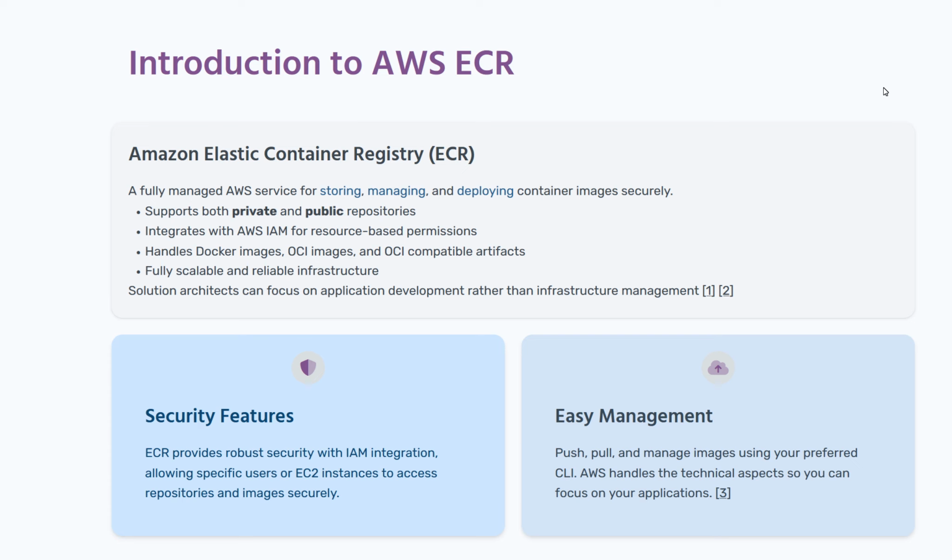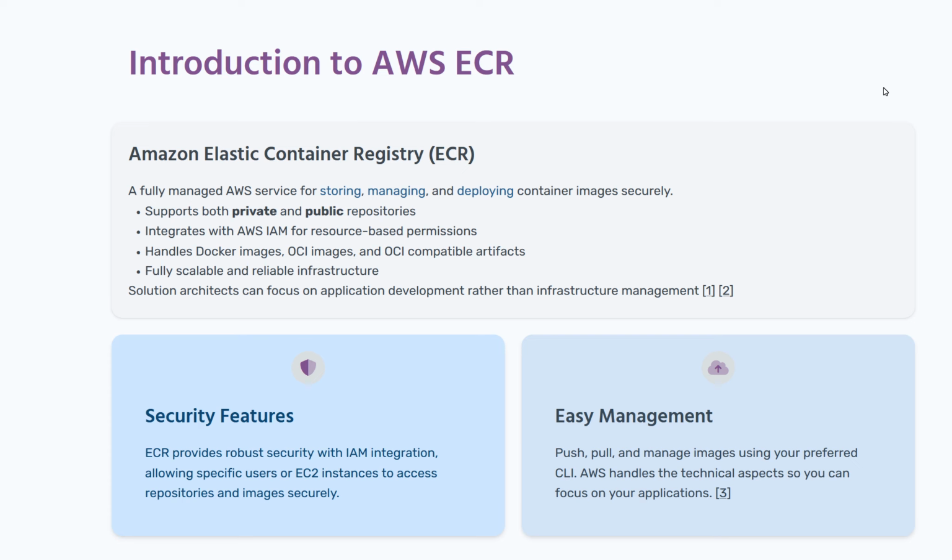So you can store your container images, manage them, and deploy containers directly to the AWS environment through Elastic Container Registry, right? This supports both private and public repositories, right? So you can keep your registry private or you can keep it public so others can use it as well.